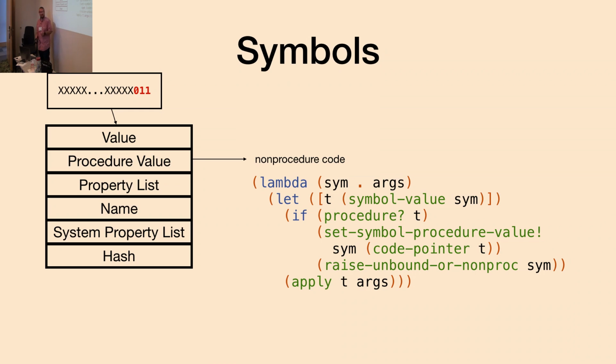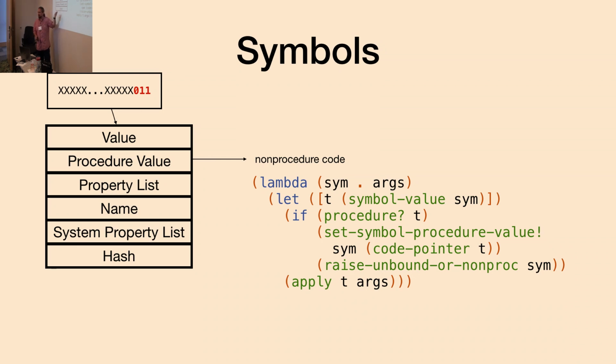It gets the result. And there's sort of a performance assumption built into this, in that when you set a value, it simply replaces whatever was in the procedure value field with the non-procedure code. It doesn't look at the value that you're replacing it with to try and figure out what it should be.